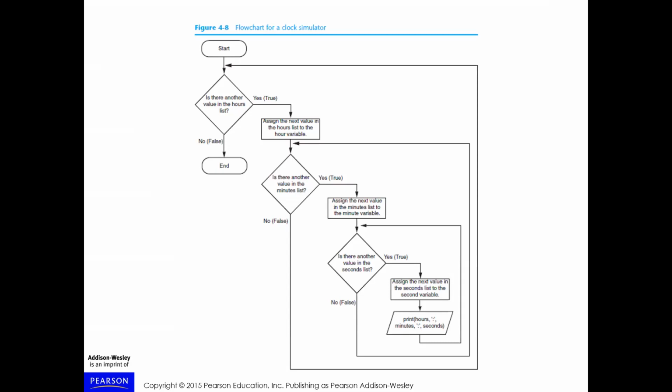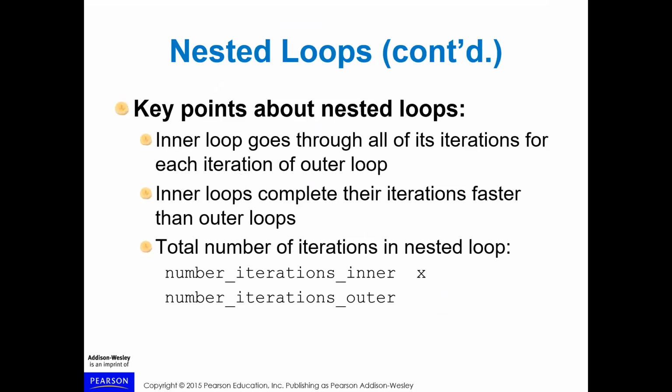Is there another value in the seconds list? Yes, assign the next value in the seconds list to the second variable. And then print hours, minutes. Okay, I see where this is going. So let's try to do that in a second.